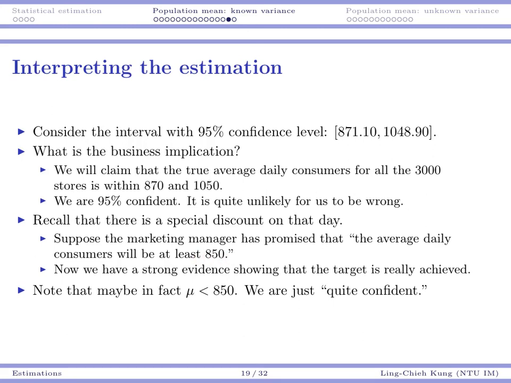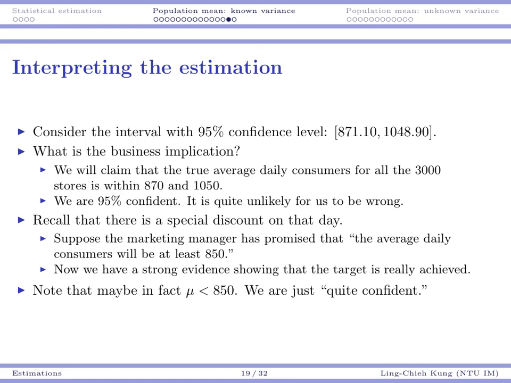When the target is 850, we are somewhat sure that the target has been achieved. So this is one way to use a confidence interval. When we have a claim, we may use a confidence interval to justify whether that claim has been met or not. Just keep in mind, it is always possible that we make a mistake.